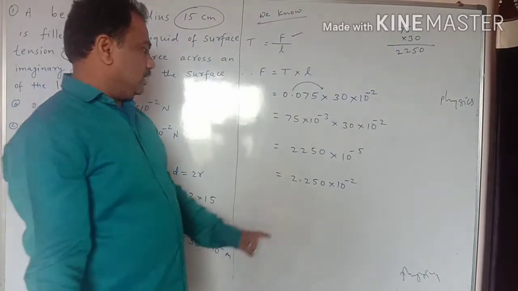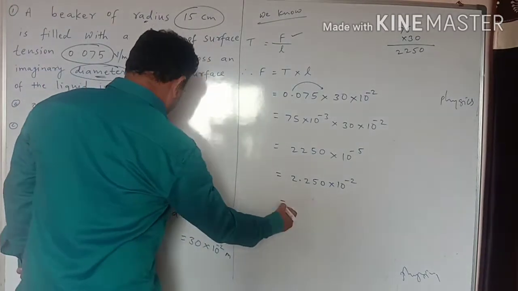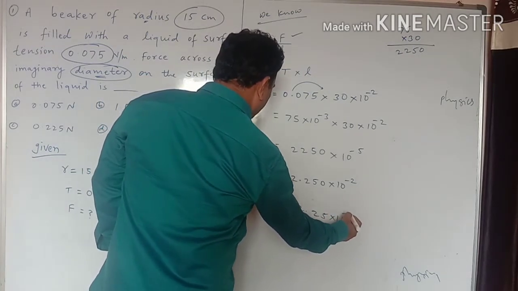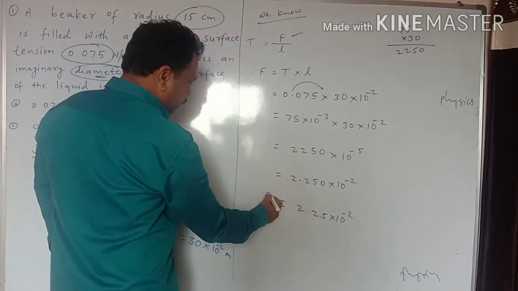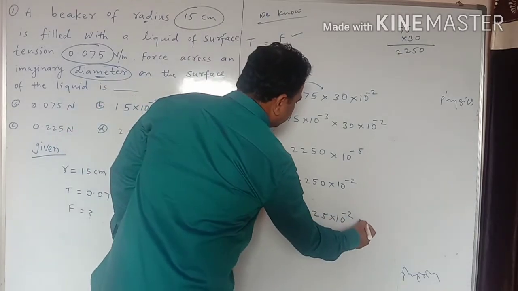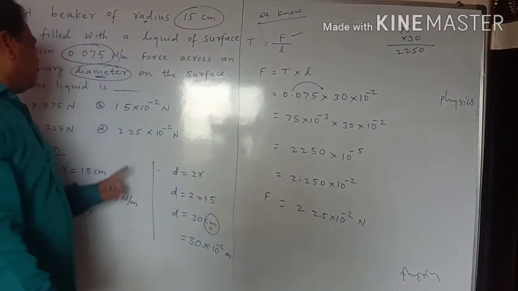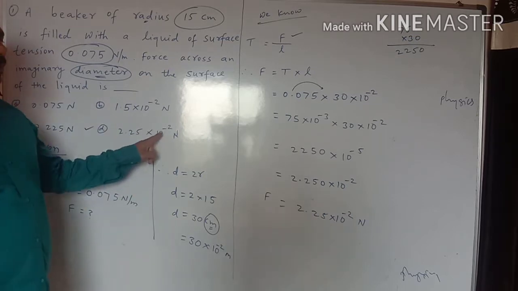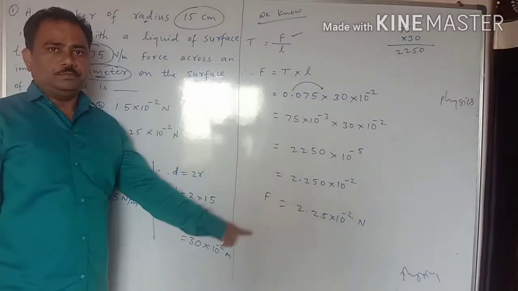It means our correct option is 2.25 into 10 to the power minus 2. It is force, therefore it is measured in Newton. So our last option is correct, that is 2.25 into 10 to the power minus 2.